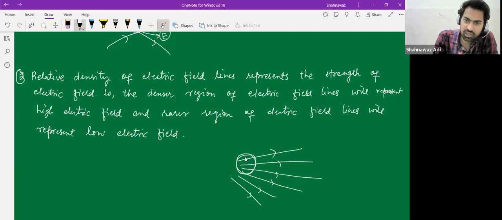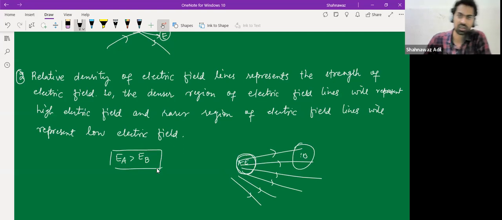So let's say I am calculating the electric field at this point, and I am calculating the electric field at this point. Let's say this is point A and this is point B. So at point B, the density is very low, and at point A, the density is high. So I can see that the electric field at point A is larger than the electric field at point B.